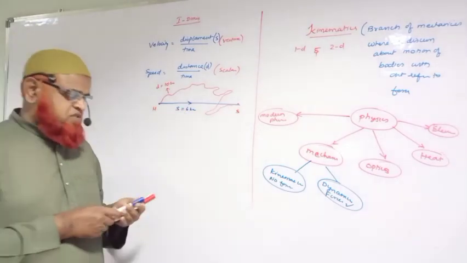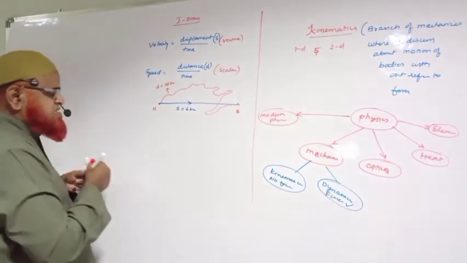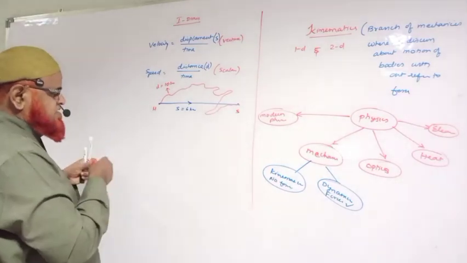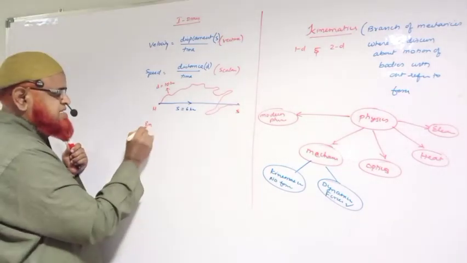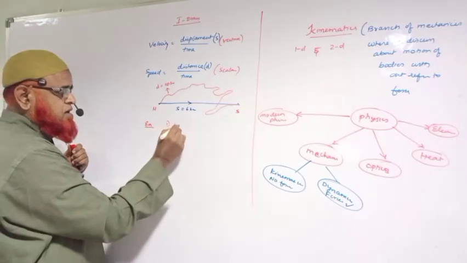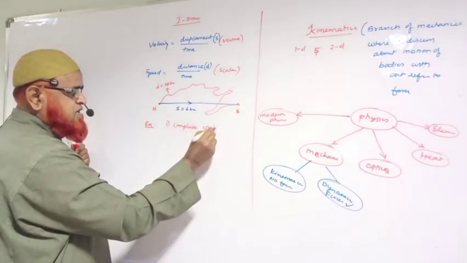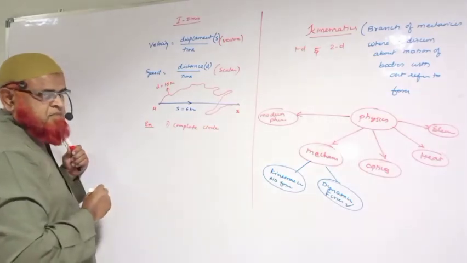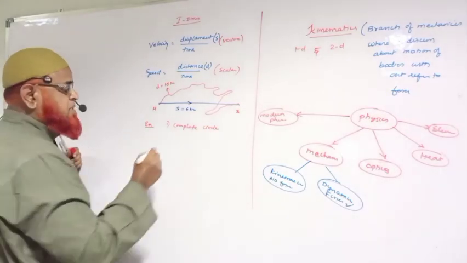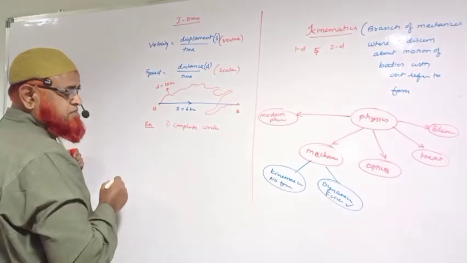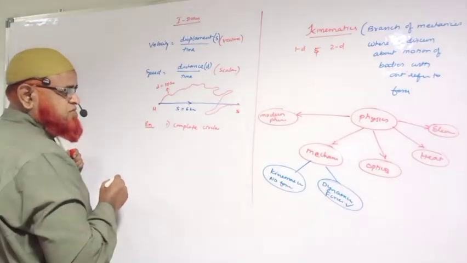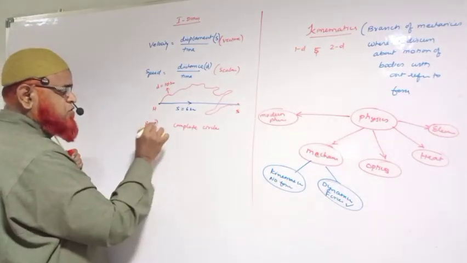Now, I'll give you one small example to understand displacement better. Example number 1: complete circle. Understand? Complete circle. What is the meaning of this? For example, you take a question.